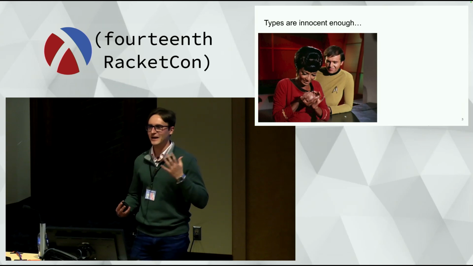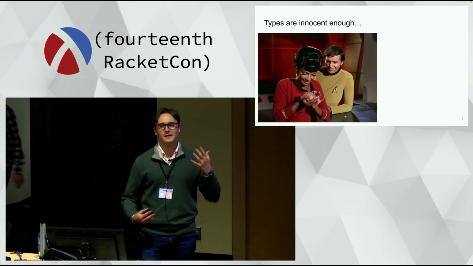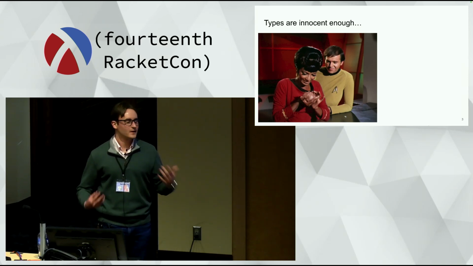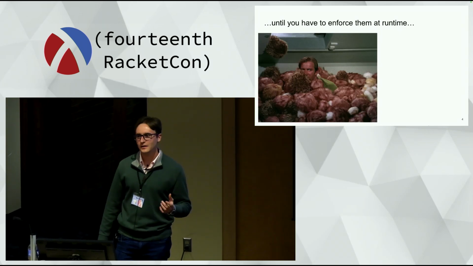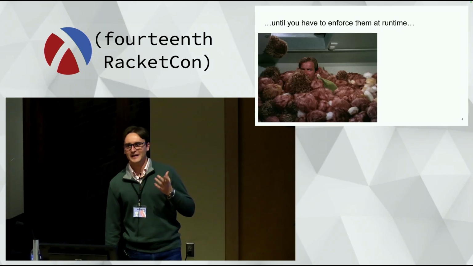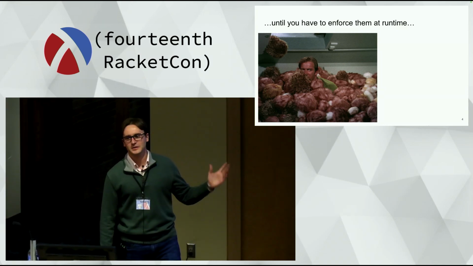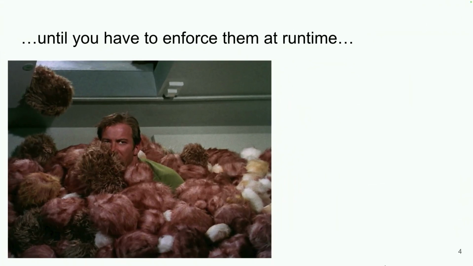They make it easier to understand what's going on in our code. They give us guarantees about common errors that are caught. They're just good things to have in our code, until we have to enforce those types at runtime. And then we end up like Captain Kirk here, up to our ears in runtime contract checks.